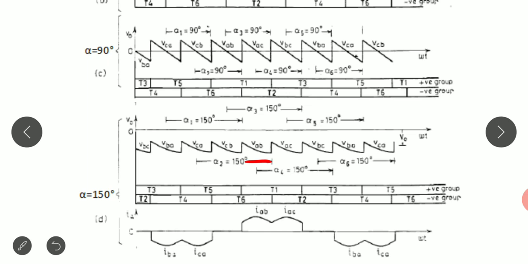You can check here that for VAB voltage we have drawn positive current, and for VBA voltage we have drawn negative current. This waveform will be useful while analyzing our RMS value of line current, line A, line B and line C.